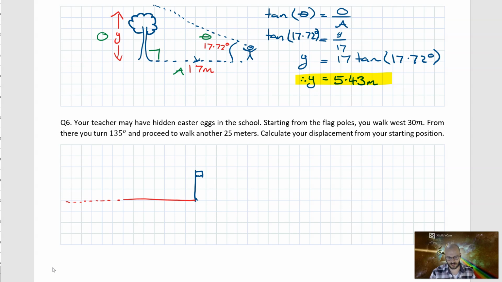So this one's a little bit tricky. We go about like that. So you're facing to the west still, and you turn 135 degrees, so you're turning like this. Or, alternatively, you're turning like this. The question does not state. However, what you find is that you walk 25 meters, regardless of which way you actually turn, left or right.